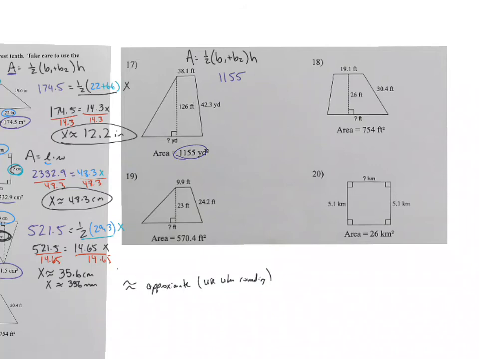That's an important concept to understand. We either have to make everything in feet or we have to make everything in yards. So this 38.1 is not in yards, it's in feet. I'm going to put it in yards, so I'm going to divide it by 3. So I'm going to have 12.7 yards.